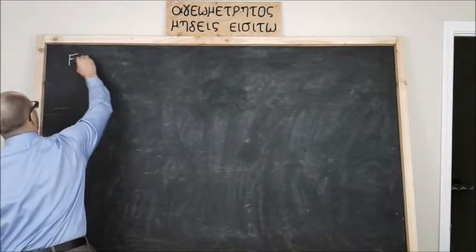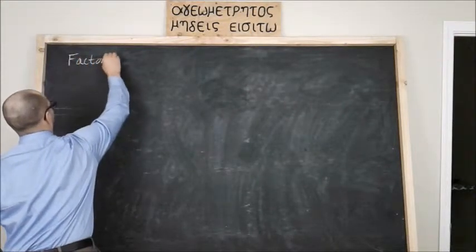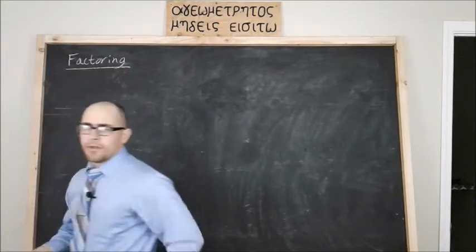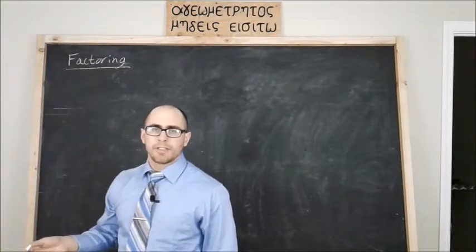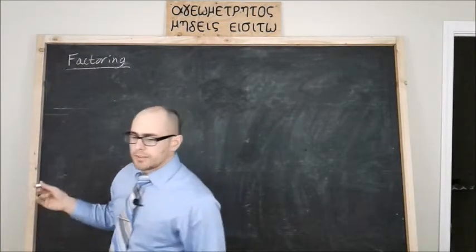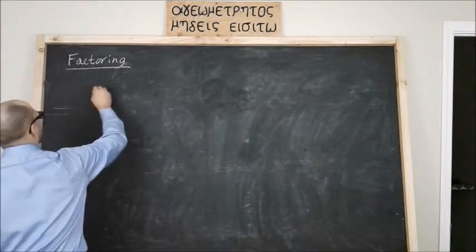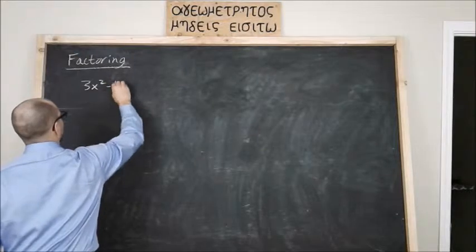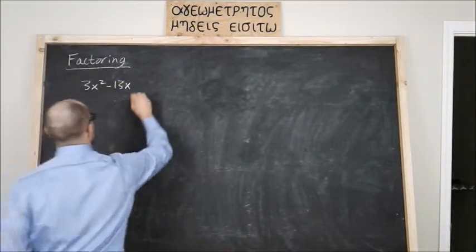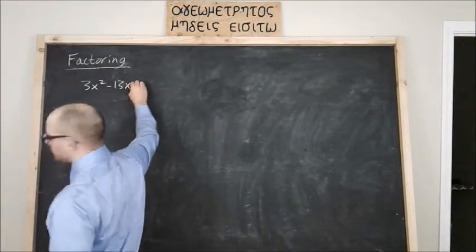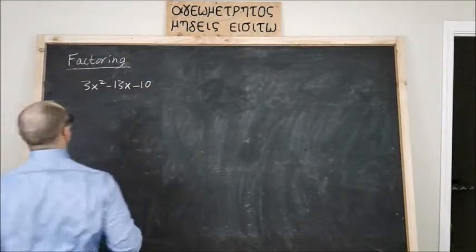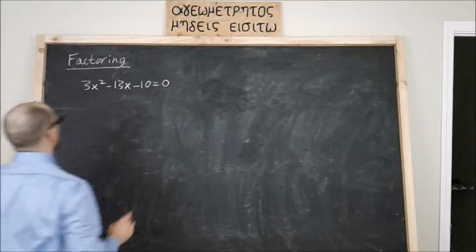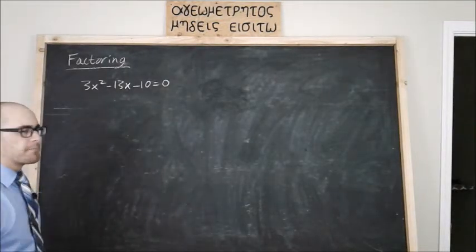Today I'm going to be doing more factoring. All right. So I've picked a couple of examples. Let's start with 3x squared minus 13x minus 10 equal to 0. We'll do it the proper way.